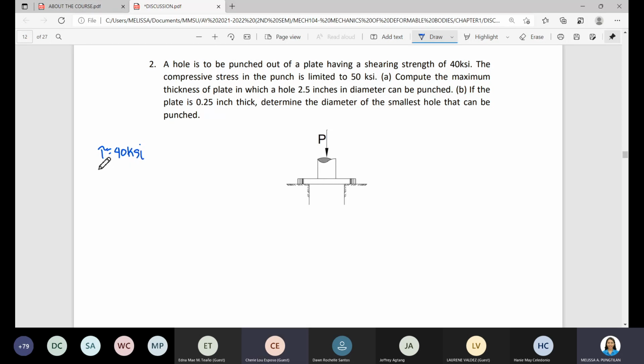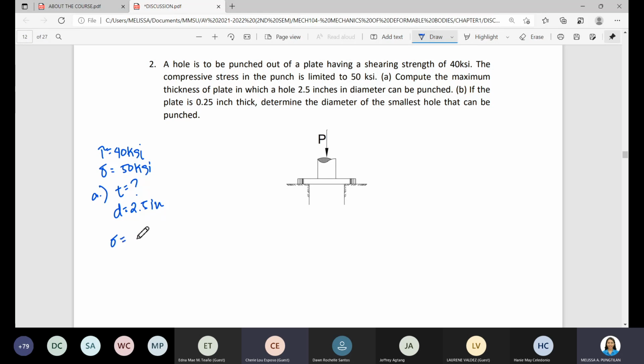And then yung compressive stress daw natin is equal to 50 KSI. So for letter A, compute the maximum thickness in which a hole of 2.5 inches in diameter is to be punched out. And kung gagawin natin dyan, we will use yung normal force muna.